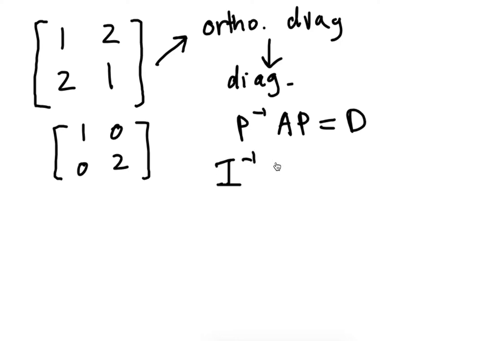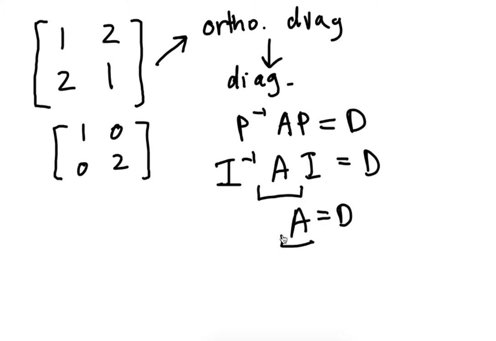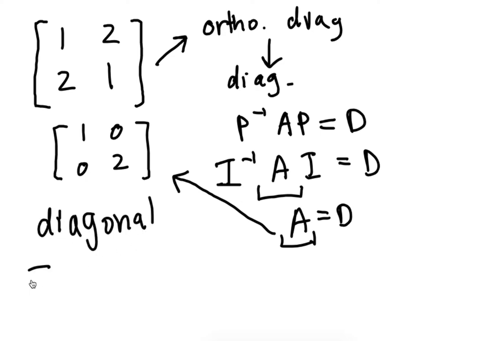So identity inverse A identity equals D. When you multiply by the inverse of identity, or the identity itself, you get back the original matrix, so A equals D. Well, is this true? We know A is already diagonal, so A must equal D, and this is satisfied. So thus, we prove that if a matrix is already diagonal, it's diagonalizable.